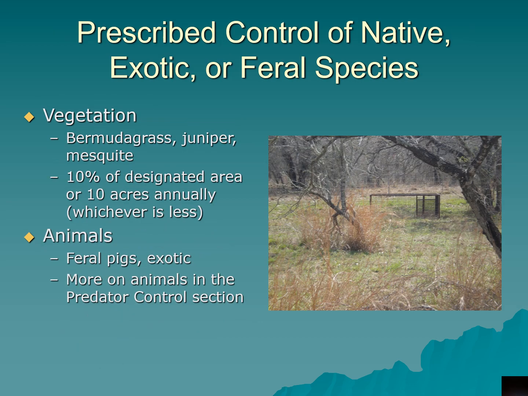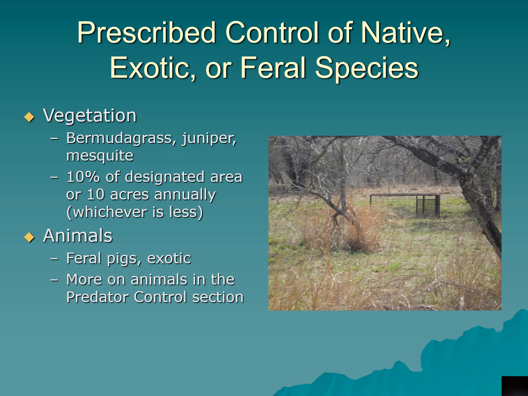The practice of prescribed control of native, exotic, or feral species can include controlling both vegetation and animal species. Earlier in the presentation, I mentioned range enhancement. Oftentimes prior to reseeding, the current vegetation needs to be killed out. So, if native grass restoration is a goal, then at least 1 year needs to go towards applying herbicide to the area to be replanted so that exotics such as Bahia or Bermuda may be brought under control.